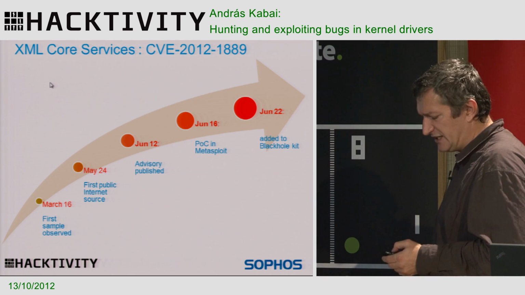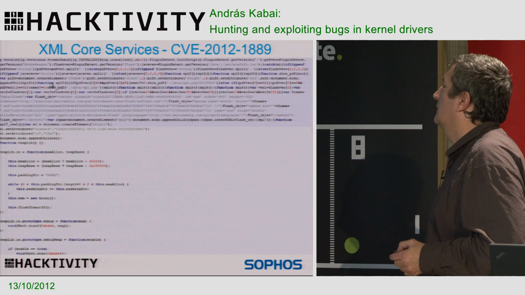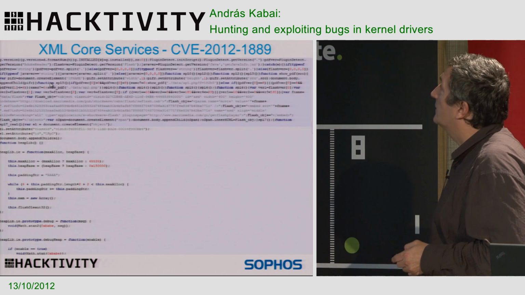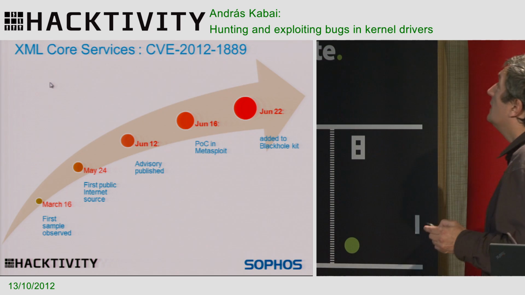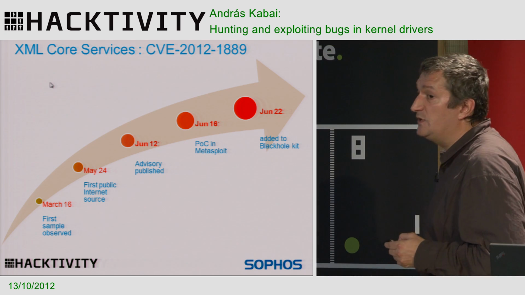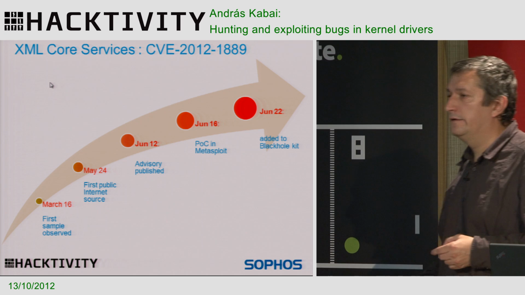And in June, a Microsoft advisory was published. Okay, I will find the right button, no problem. On June 16th, the proof of concept code appeared in Metasploit, and then a week later it was added to Blackhole.